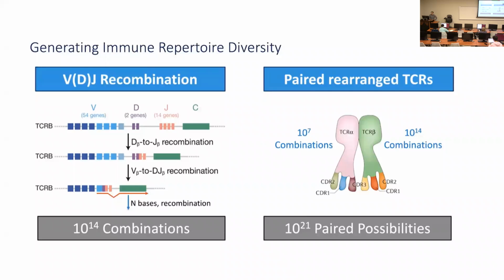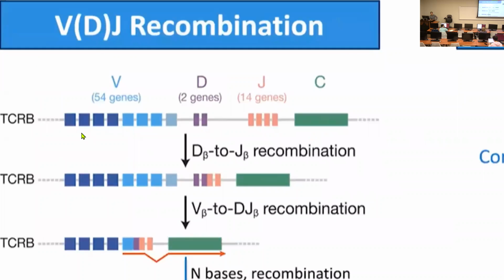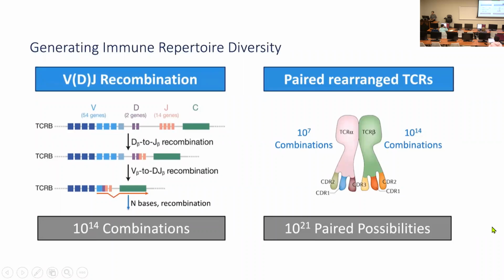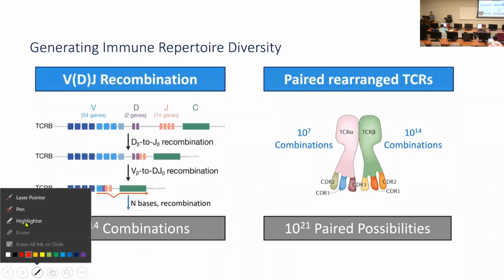So for T cell, for example, you have different subdomains, subunits, and then in the subunit you have different variants of this gene. And for different pieces, that gave you the foundation to create the huge reservoir of diversity. So you can have up to 10 to the 21 different possible combinations.